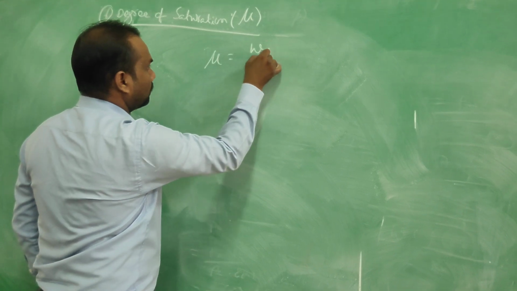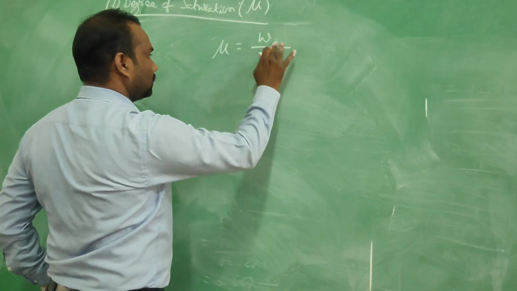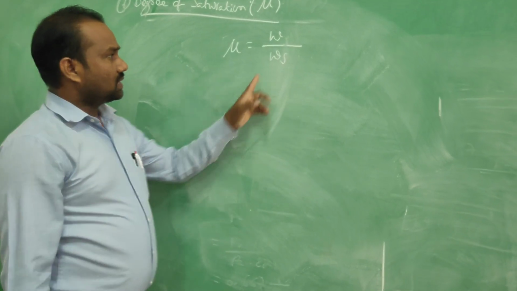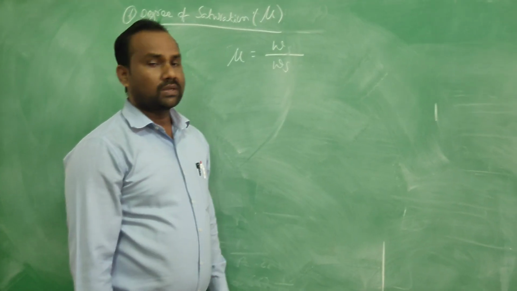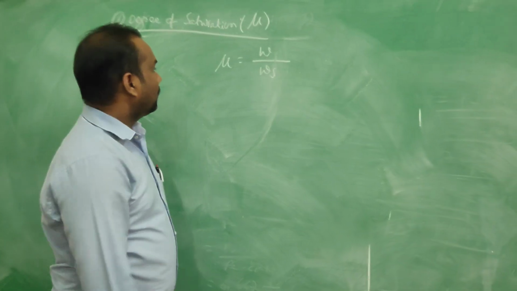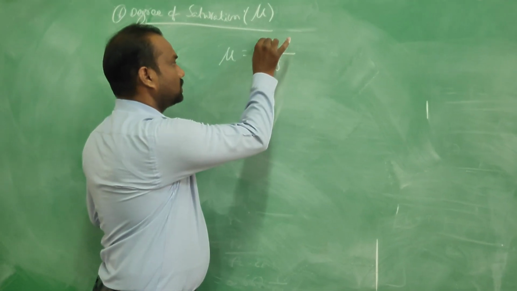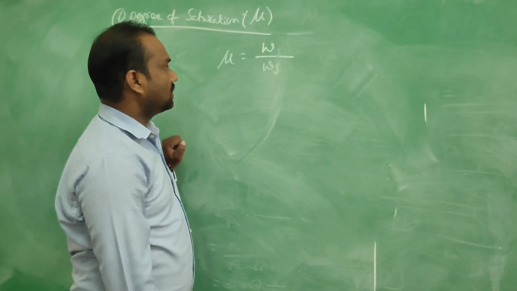It is the ratio of the specific humidity of unsaturated air to the specific humidity of saturated air. We just now discussed the humidity ratio for atmospheric air and moist air. If you take the degree of saturation, it is the ratio of the specific humidity of unsaturated air to the specific humidity of saturated air.